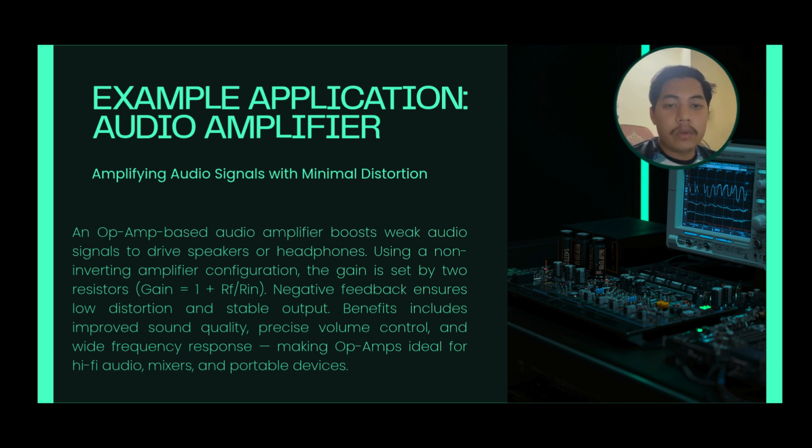Next, we move on to the example applications of operational amplifiers. One example is the audio amplifier, which amplifies audio signals with minimal distortion. An op-amp based audio amplifier boosts weak audio signals to drive speakers or headphones.